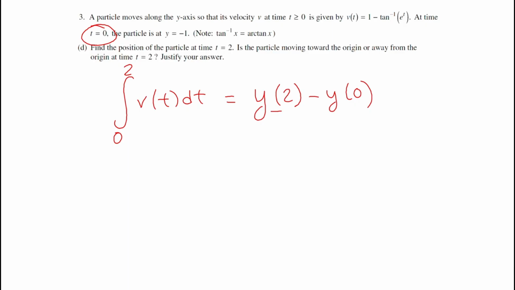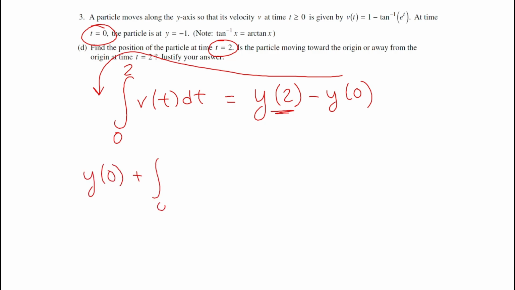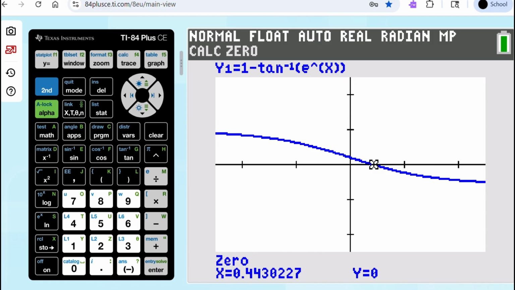Or in other words, if I want to find y of 2, the position at time t equals 2, I just need to add y of 0 over to the left and get y of 0 plus the integral from 0 to 2 of v of t dt is equal to y of 2. And then, of course, we'll just use our calculator to find what that value is. So y of 0 was -1.